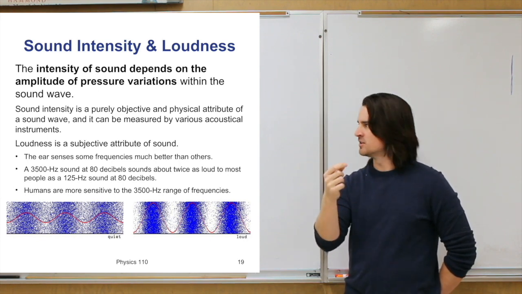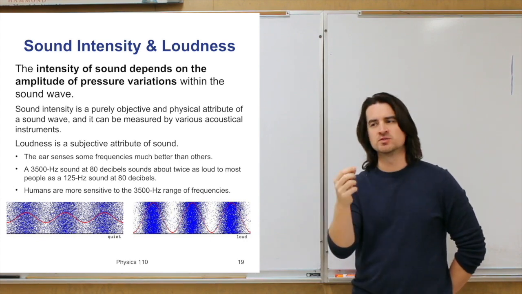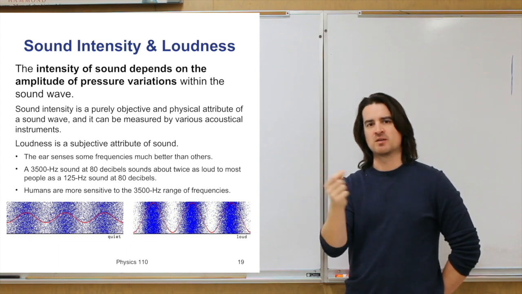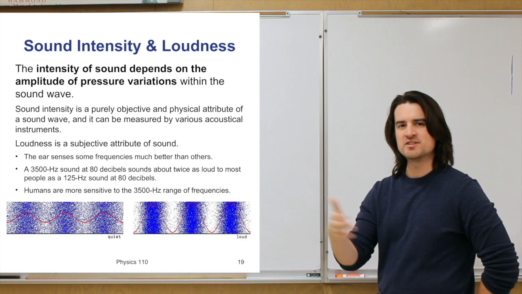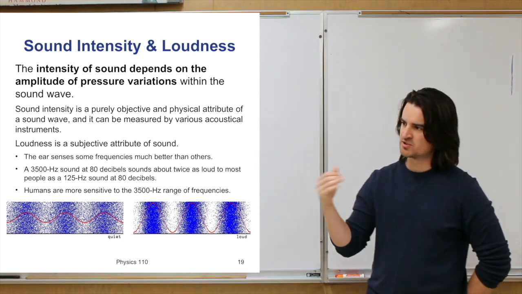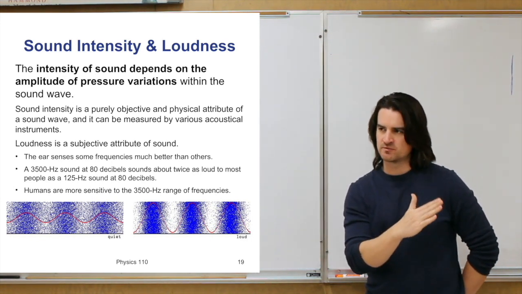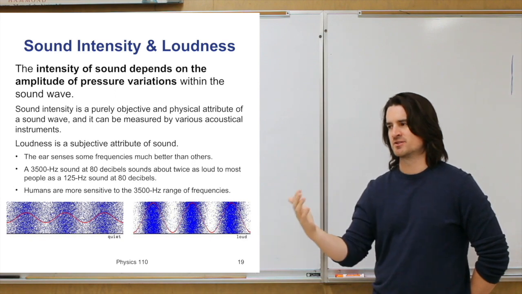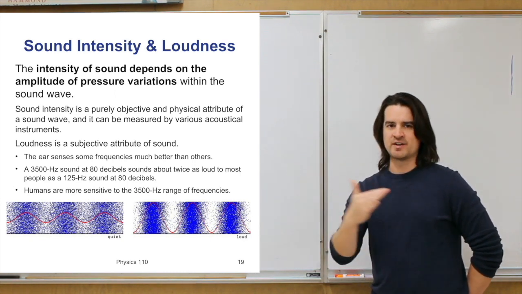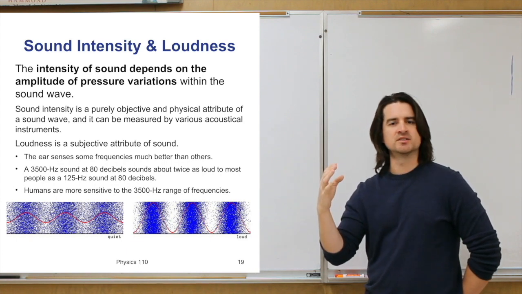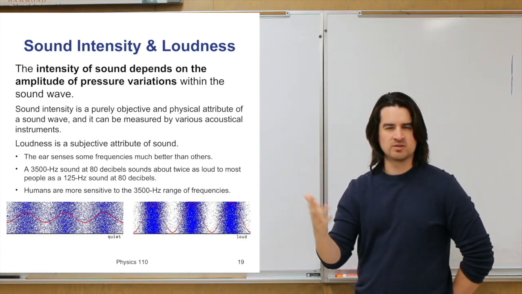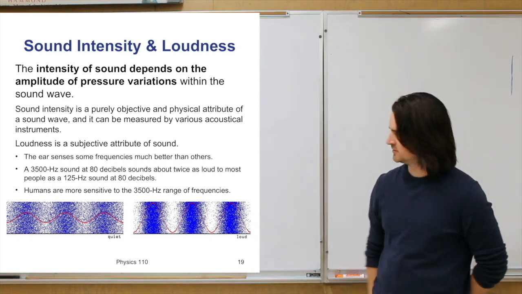Our ears are more attuned to pick up particular frequencies. So even though we hear frequencies from, say, 20 hertz to 20,000 hertz, there are some areas of that spectrum where our ears are just more adept at absorbing and interpreting them.